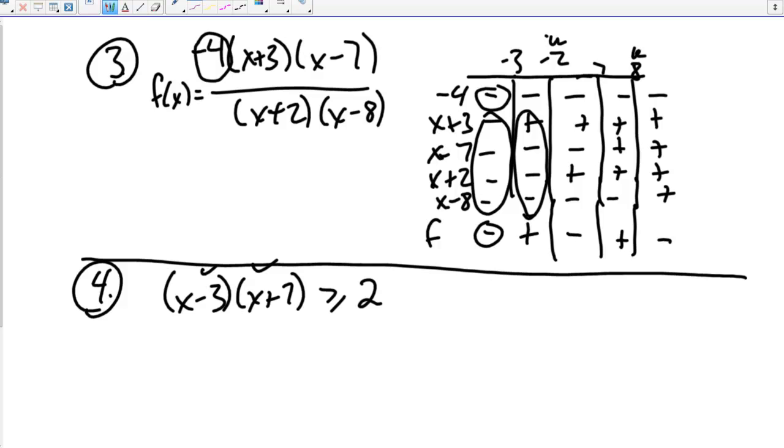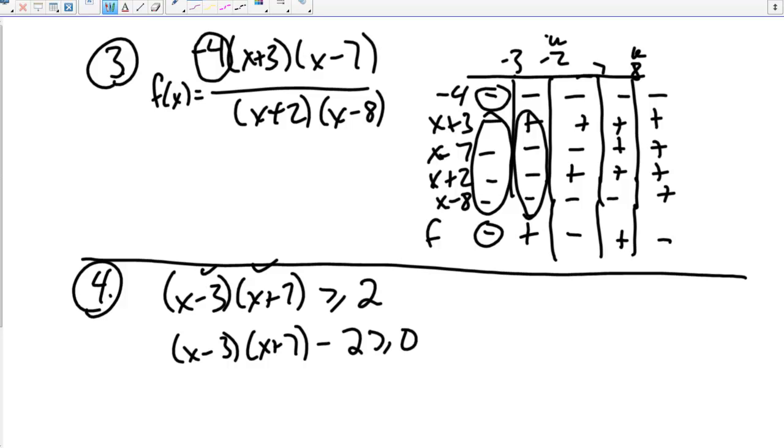So how can we save some time in doing this? In fact, a great deal of time is saved if we always try to rewrite these things as comparing with 0 rather than comparing with 2, just like you did when solving equations rather than inequalities. So we could rewrite this as x minus 3 times x plus 7 minus 2 is greater than or equal to 0. We're looking at the exact same problem. All we did was subtract 2 from both sides.